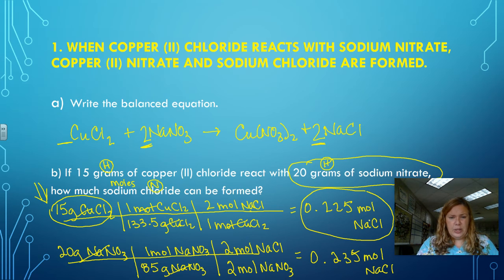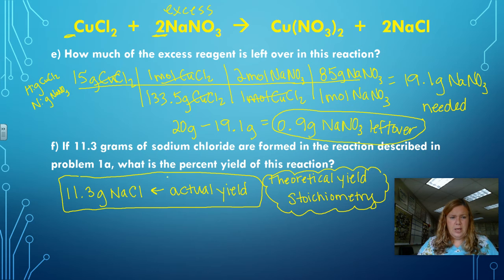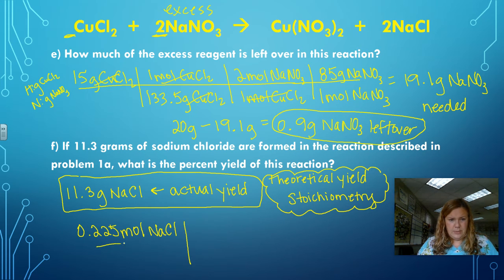So we're going to take that 0.225 moles, go back to our problem, and we're going to say, okay, when we have 0.225 moles of sodium chloride, how many grams are actually formed or theoretically formed? And through stoichiometry, so here's our molar mass.